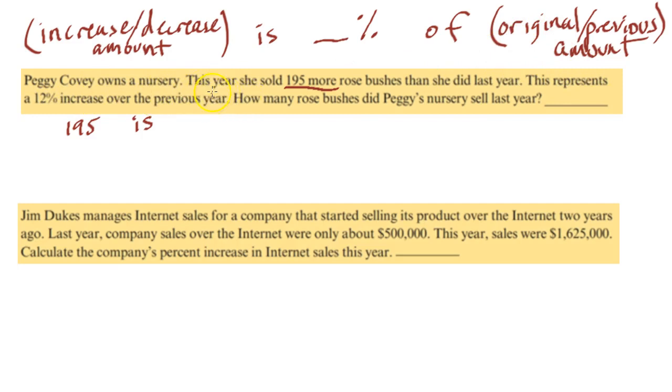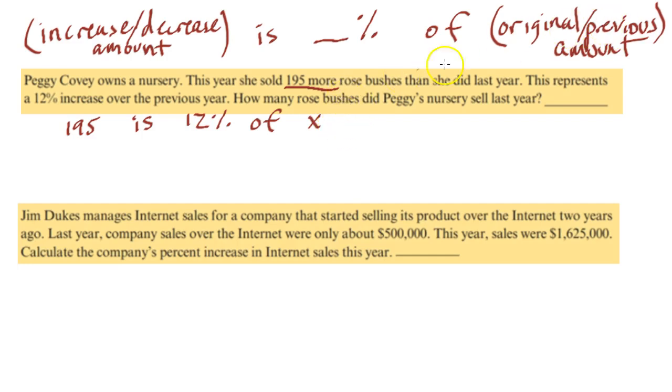So 12% of, and the previous year is our unknown in this case. Similar to what we did in the previous objective, we call the unknown x. So 195 is 12% of x.